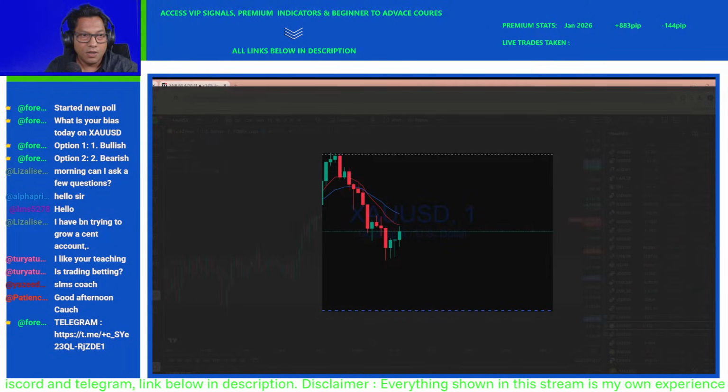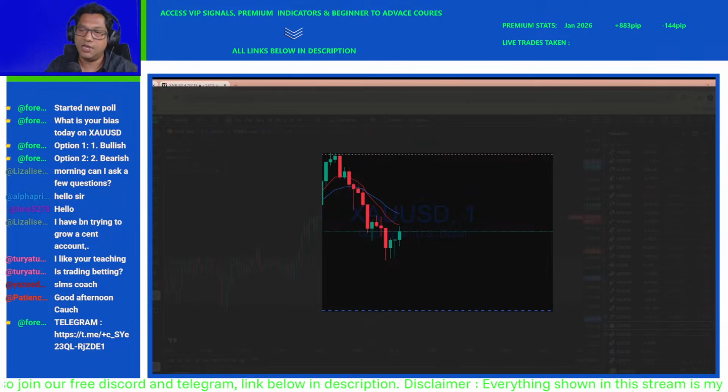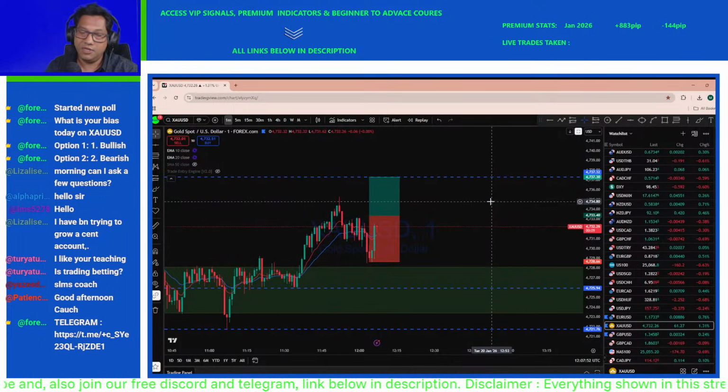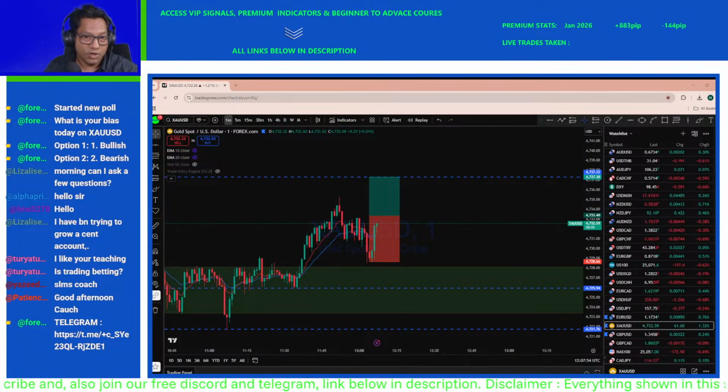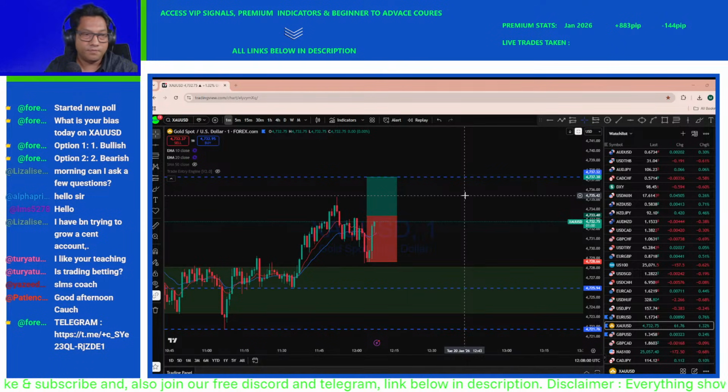Pre-entry, I also sent a notification where the market breaks out from this trend, because all the entries that I take are mostly from the breakup structure, because this is where the smart money really trades the market. This is where the smart money system works. When you see that there is a breakup structure, there is a high probability trade.